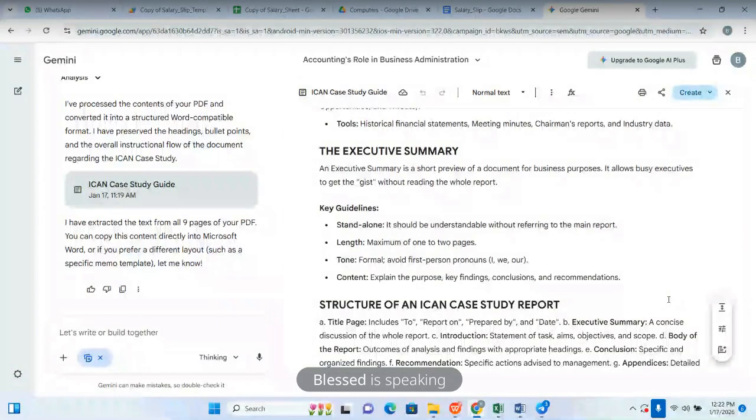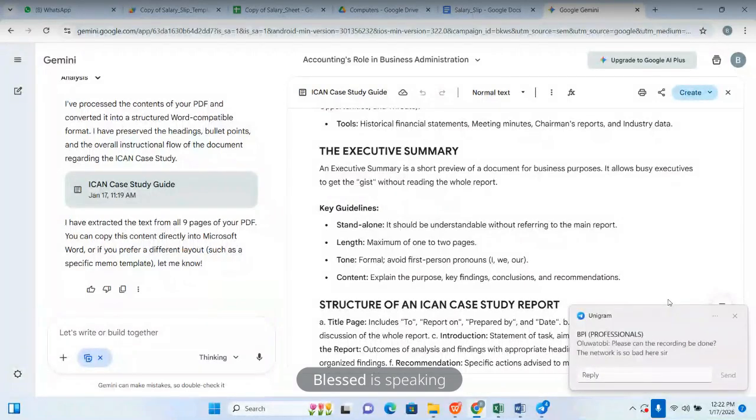Stand alone. It should be understandable without referring to the main report. Another reason why we write an executive summary is that you are writing to the board of directors, the managing director, the chief financial officer, and these people don't have time to go through your main report that may contain 5 or 50 pages.